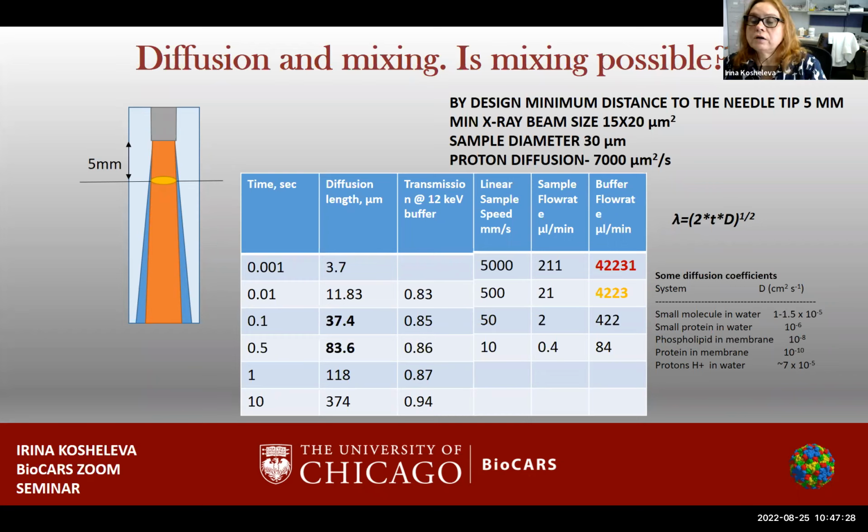We measure in the sample, we can do the measurements right now, 5 millimeters from the tip. If I would like to achieve time resolution of, for example, 1 millisecond and less, the proper diffusion length has to be assessed because some mixing has to occur.